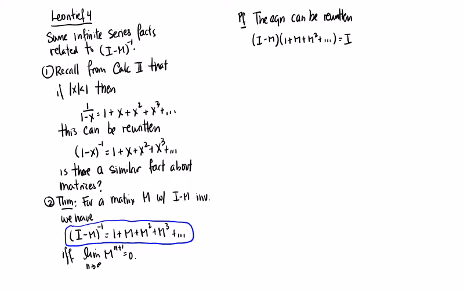So what we'll do next is I'm going to contract this into series notation, just because it makes it a little easier to work with. And then I'm going to turn it into a limit, again because it makes it easier to work with. So I'm just changing that sum to a limit. I can put the I minus M on the inside of the limit because it doesn't depend upon n.